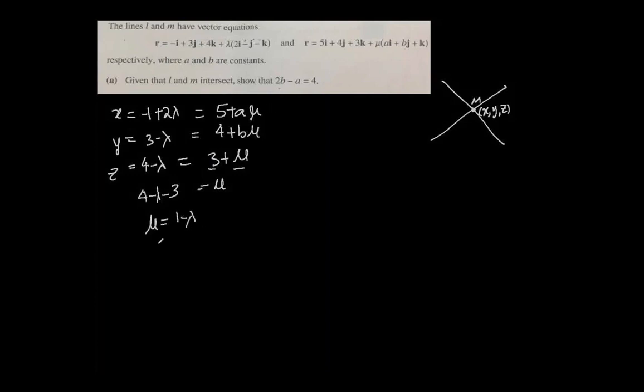Now, since we've got the relationship between mu and lambda, let's substitute this relationship into the other part. Okay, so let's choose x first, this one. So minus 1 plus 2 lambda, which was on this side, equal to 5 plus a, and now mu has a value 1 minus lambda. Let's continue to take a on one side.